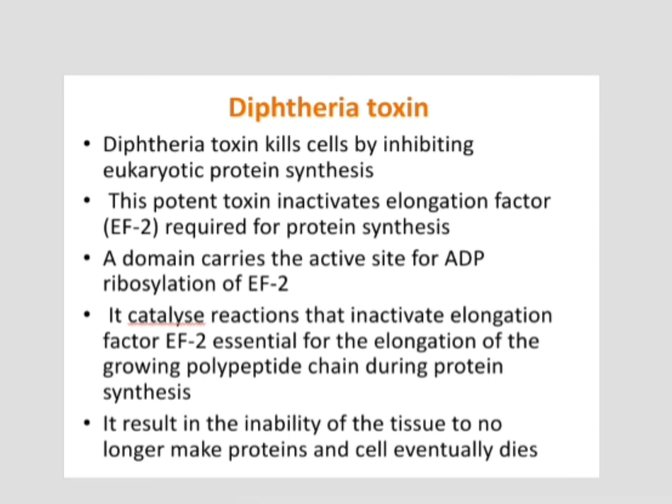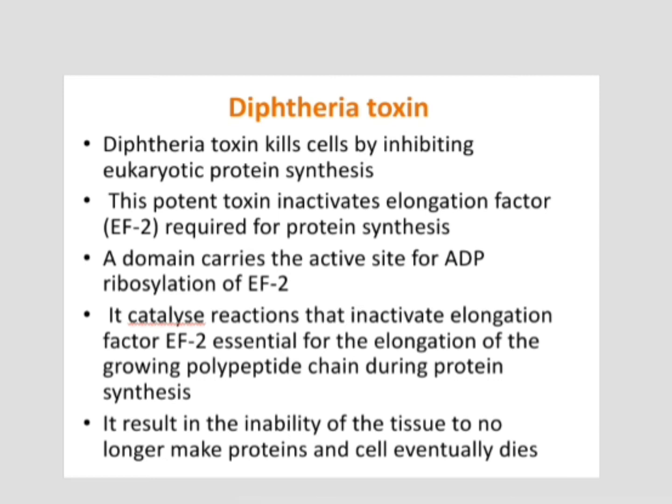So, diphtheria toxin is a single polypeptide chain composed of an A domain and a B domain. B domain helps to bind the toxin to the plasma membrane of the host cell, and then the A domain is cleaved from the B domain, and B domain promotes the entry of the A domain into the cytoplasmic compartment of the host cell.